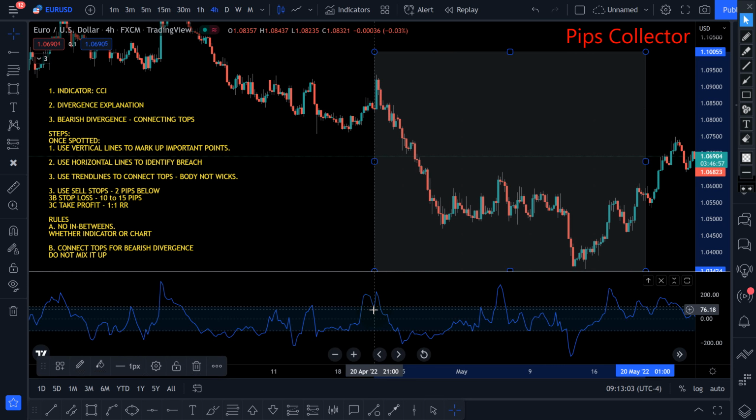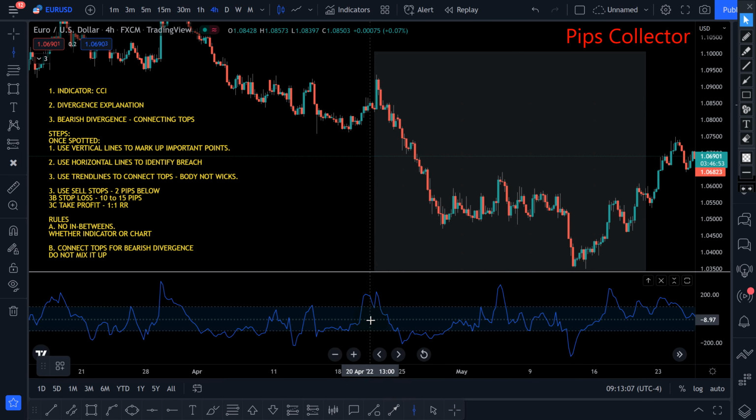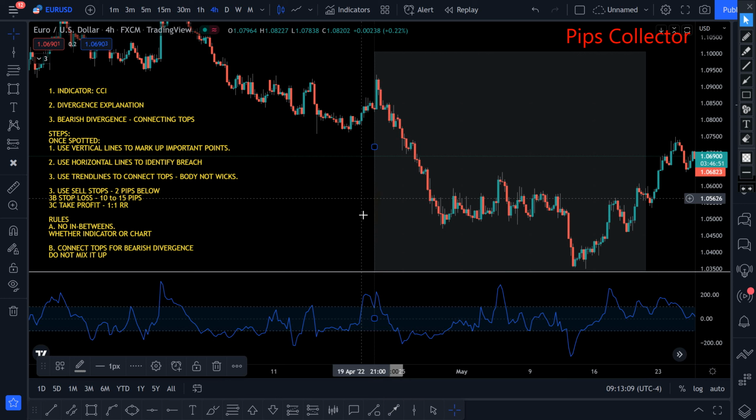Price is still doing what? Rallying. You don't know where you have a peak yet. And the first rule for bearish divergence is that you want to connect top on the chart to top on the indicator. So this does not meet our criteria. That's what I'm trying to say.